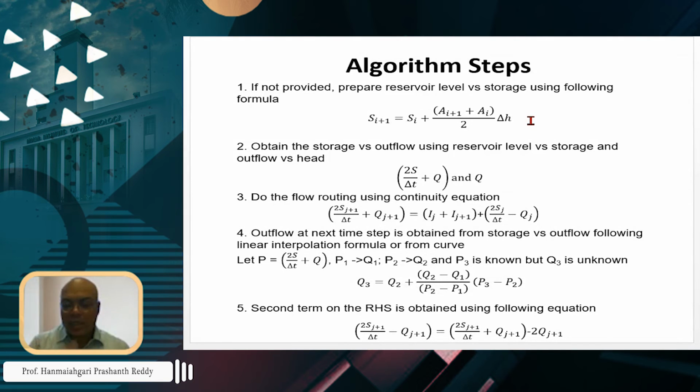Each contour is a circle, so the area is known. The area of contour i is A_i, and the area of contour i+1 is A_{i+1}. Then the average area is given by (A_{i+1} + A_i)/2. The ΔH is the contour interval.